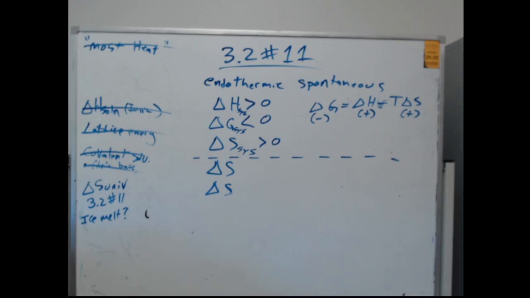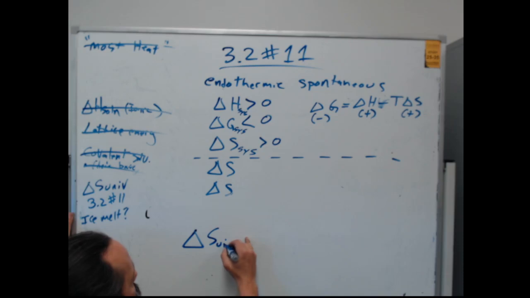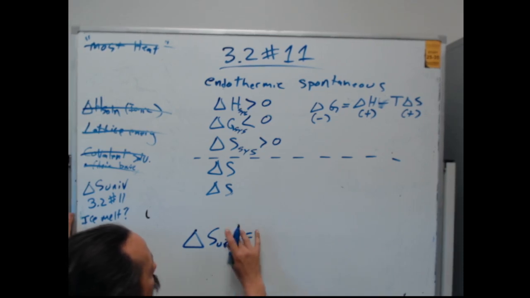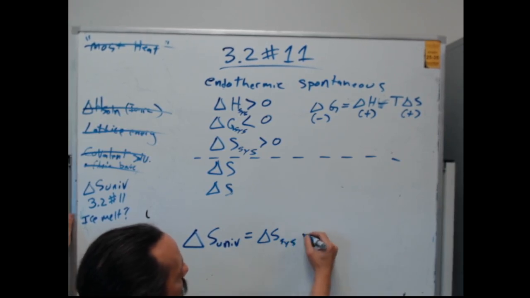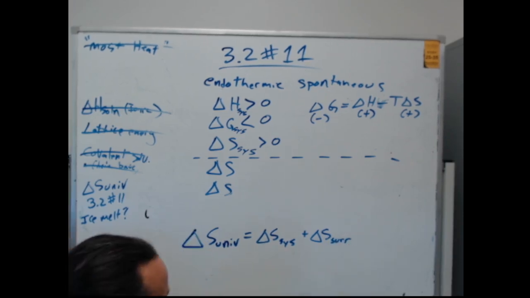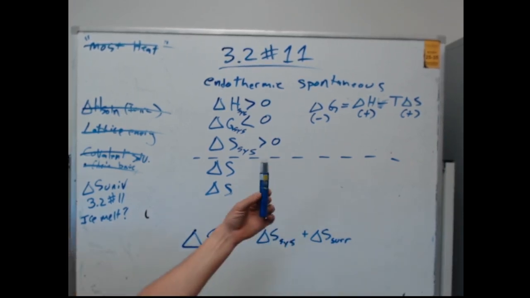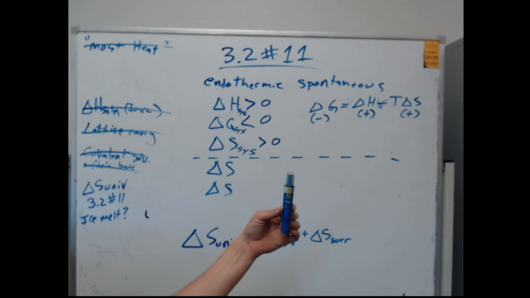It's this combining of what's called the second and third laws of thermodynamics. And it pretty much says, look, the delta S of the universe is going to be equal to the delta S of any system we're looking at plus the delta S of everything else around it, what we're going to call the surroundings. So for example, if this pen was the system, the surroundings would be everything else in the universe besides this pen.